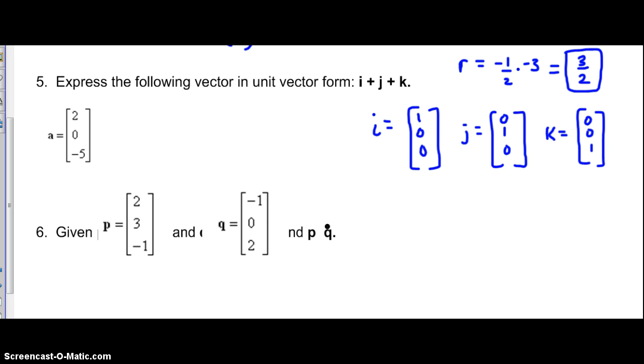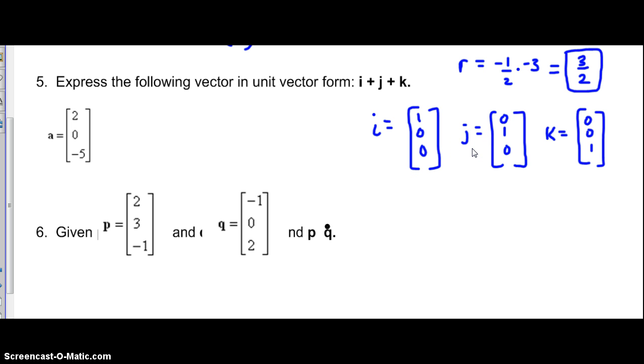Okay, for problem number 5, you'll need to know what i, j, and k are. The following vector in unit vector form, i, j, and k, is asking you to know that i is the unit vector in the positive direction for the x-axis, so 1, 0, 0.